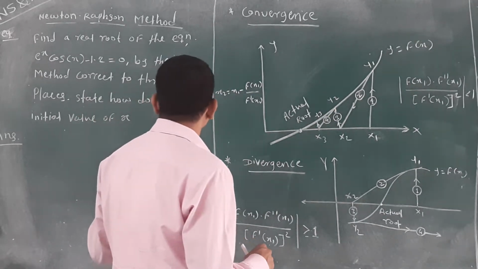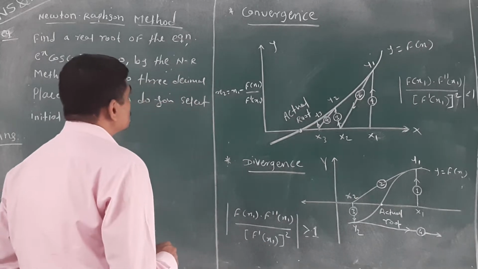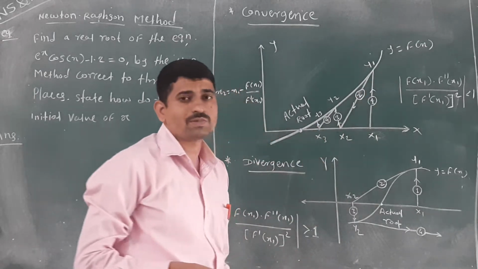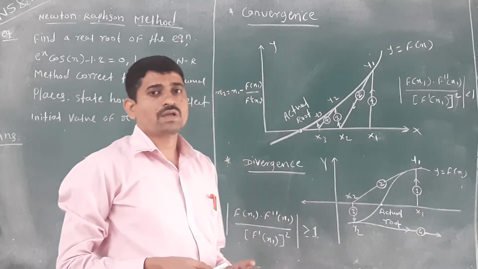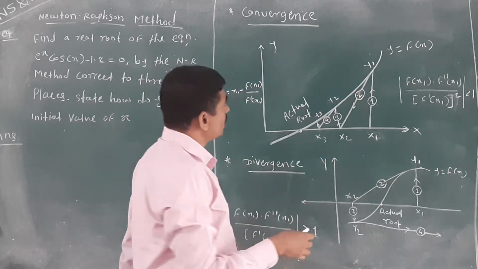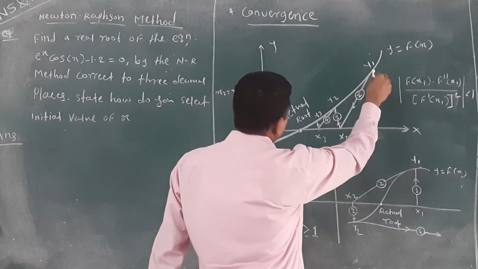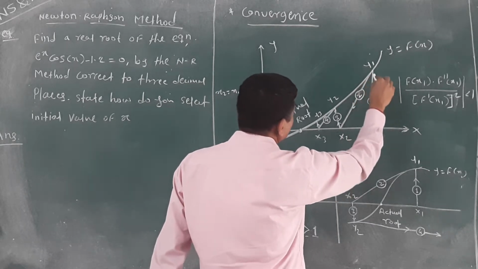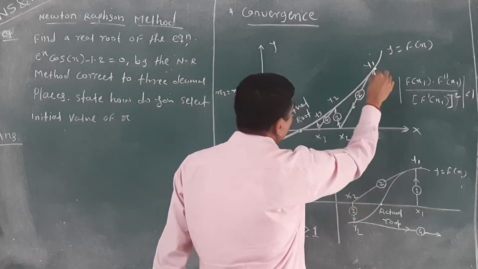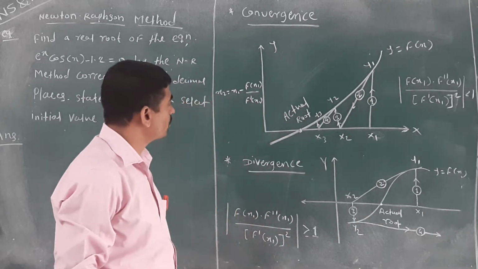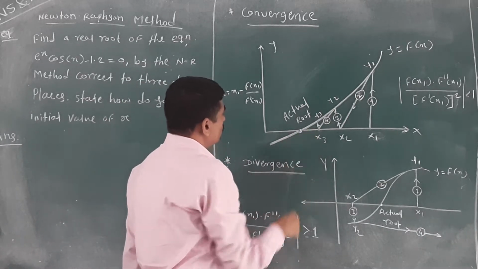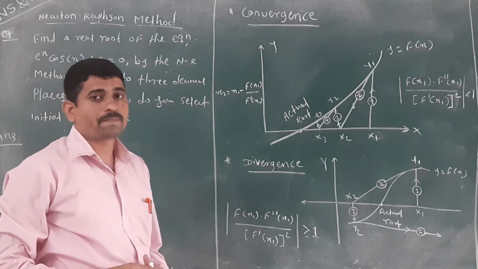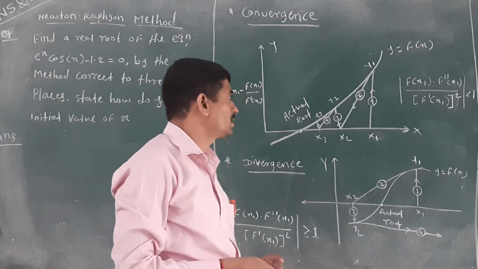In the Newton Raphson method, the root is estimated by drawing a tangent. We have seen the theory of the Newton Raphson method. How do we find that root? We draw the tangent at a point whose coordinates are x1, y1, and we want to find the actual root with the help of the Newton Raphson method.